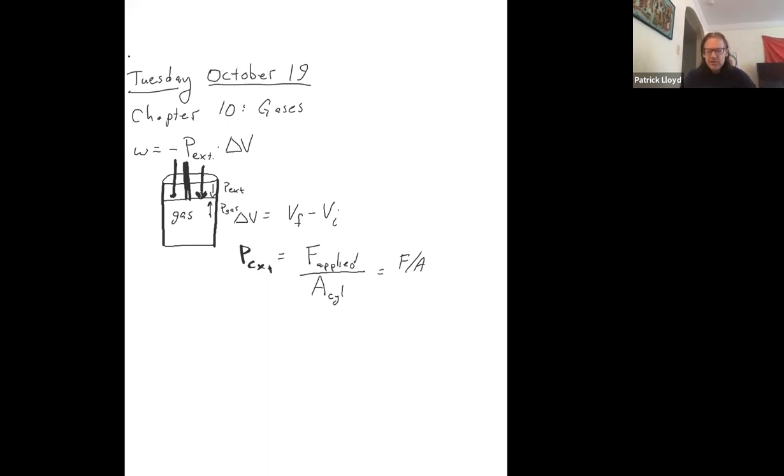Okay. So we're going to talk a little bit more about pressure in terms of what we call pressure conversions, which are, quite frankly, pretty easy, especially if you've gone through chapter 5 already. If you're already doing work calculations and heat calculations and all that, then pressure conversions are very simple.